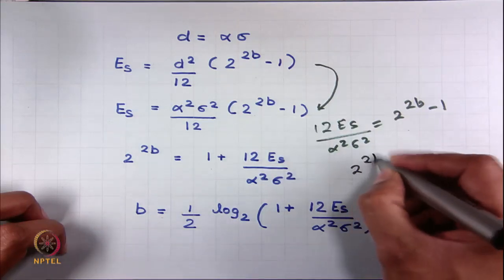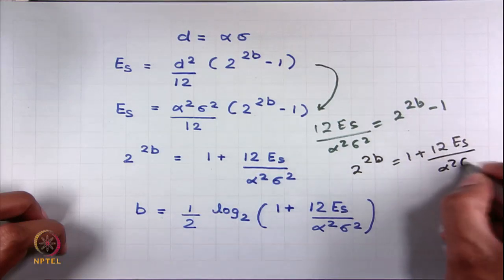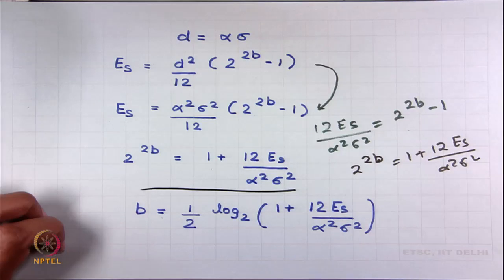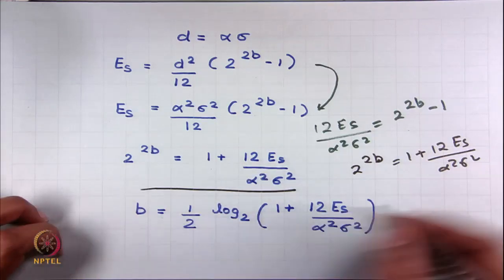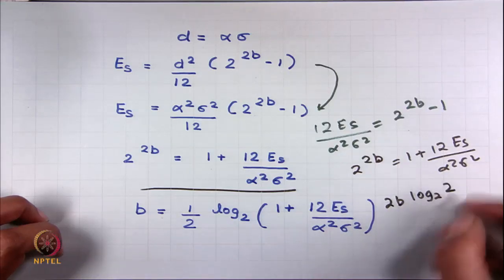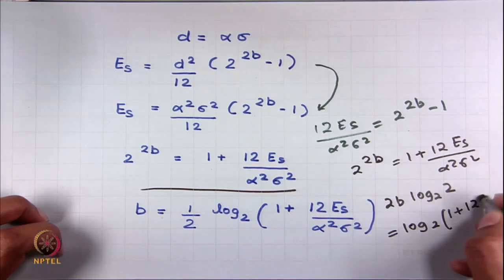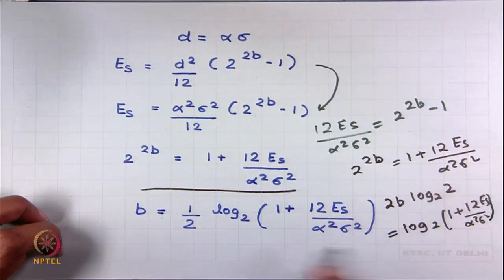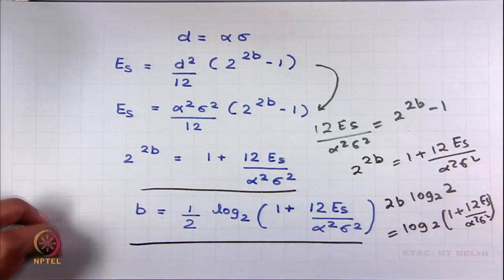So, I get 2 to the power 2b is 1 plus 12 Es by alpha square sigma square, and this is this expression. Taking the log on both sides with a base 2, I will get 2b log 2 is log 2 of 1 plus 12 Es by alpha square sigma square, and log 2 is 1, and 2 I shift to this side, I get this expression.